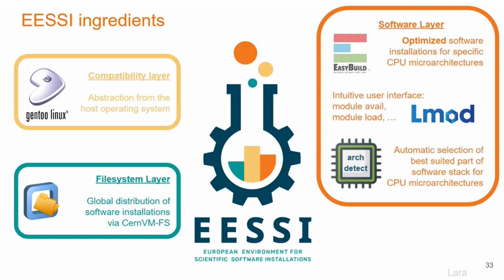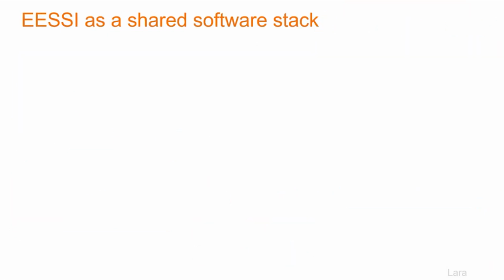And we're using archdetect to make sure that the user doesn't have to know what kind of system they are on, but EESSI will set up everything so that the right paths are set up on your system and that the most optimized software that is available in EESSI will be used on your system.